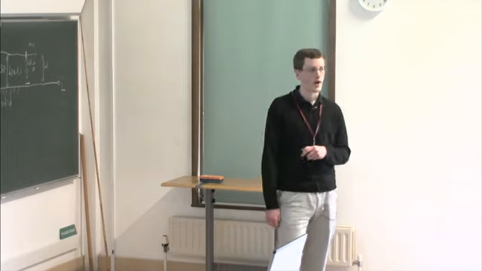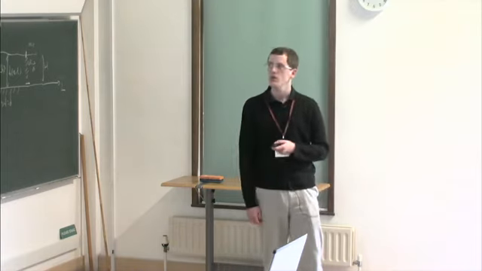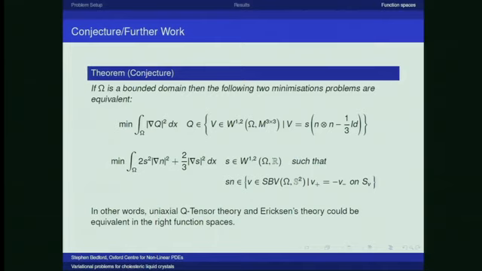One of the things I found most confusing when I started studying liquid crystals was how there are so many different theories, and how to know which one should be used in which situations. But maybe these three theories are all linked, depending on the assumptions on your domain omega, and depending on the function space and how you set up your problem.